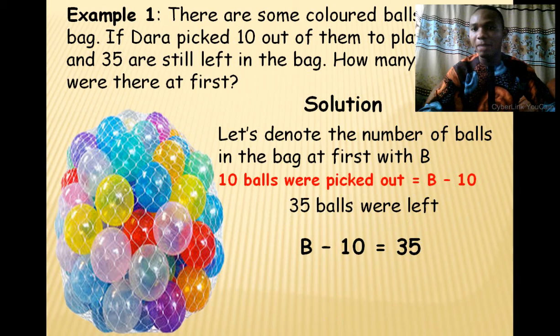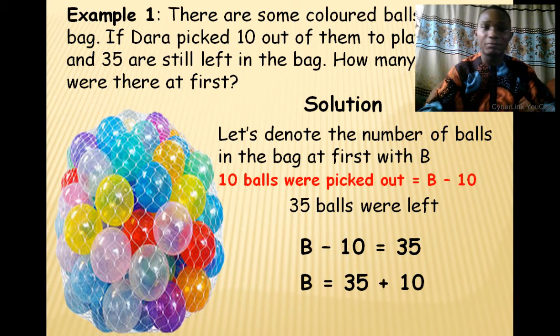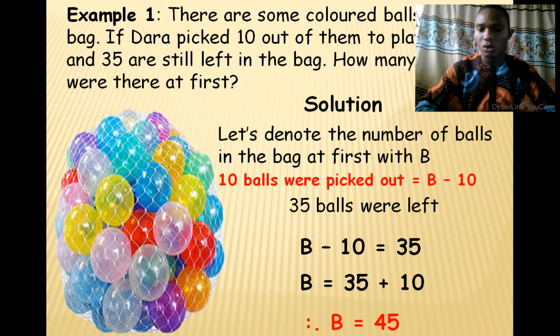B minus 10 is equal to 35. Remember the rules. Then B is equal to 35 plus 10. That means in the bag at first we had 45 balls. If you still do not understand, please pause or replay this video to get a better understanding.